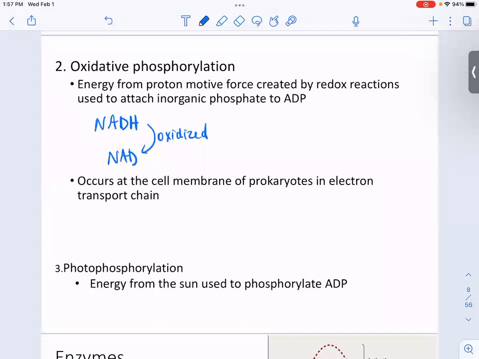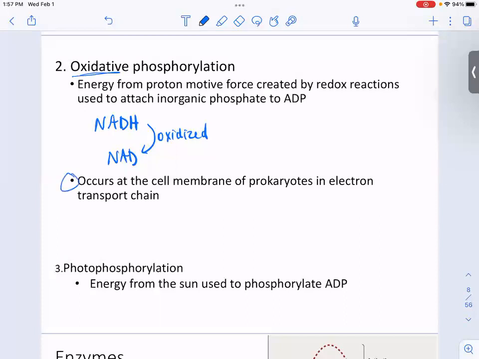When the NADH is dropping off its 2 electrons and a proton at the electron transport chain and oxidized back to NAD, that starts this cascade of reactions that results in lots of ADP being phosphorylated to ATP. So it's that oxidation of NADH.